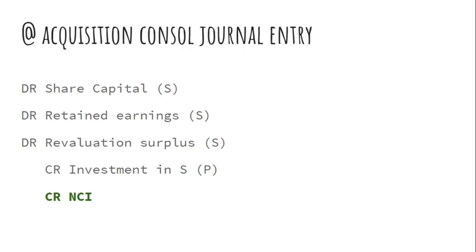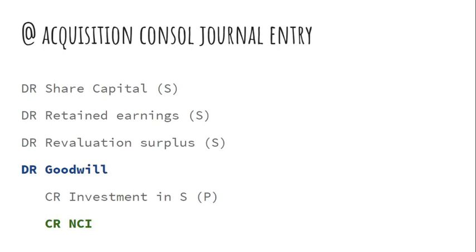Together with non-controlling interests, another item that I can recognize through this at acquisition consolidation journal entry is goodwill or gain from bargain purchase. When I have goodwill, there will be a new debit entry in the at acquisition consolidation journal entry to give effect to that.